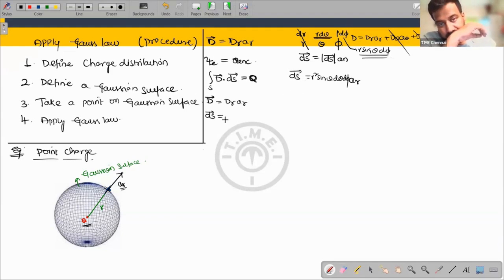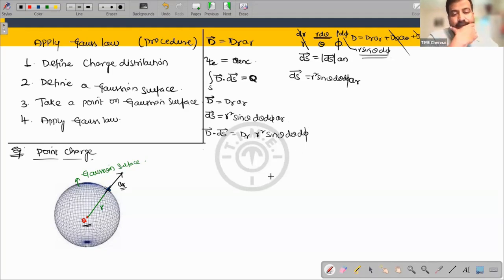That's your DS. From this, D dot DS, ar dot ar will become 1, is Dr times r square sin theta d theta d phi. That is D dot DS.